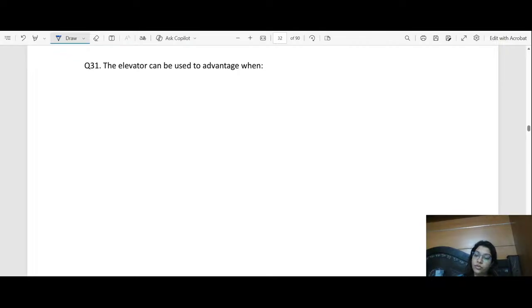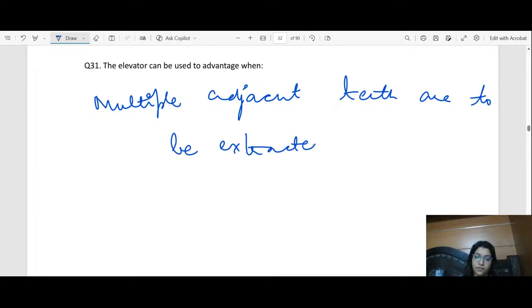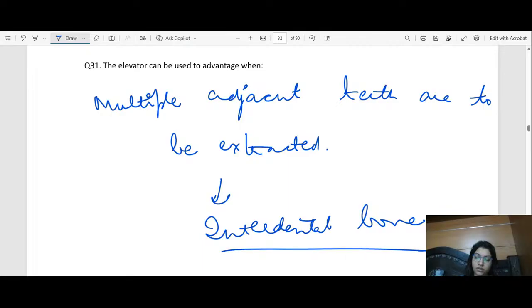The elevator can be used to advantage when multiple adjacent teeth are to be extracted. Here, interdental bone is used as a fulcrum.